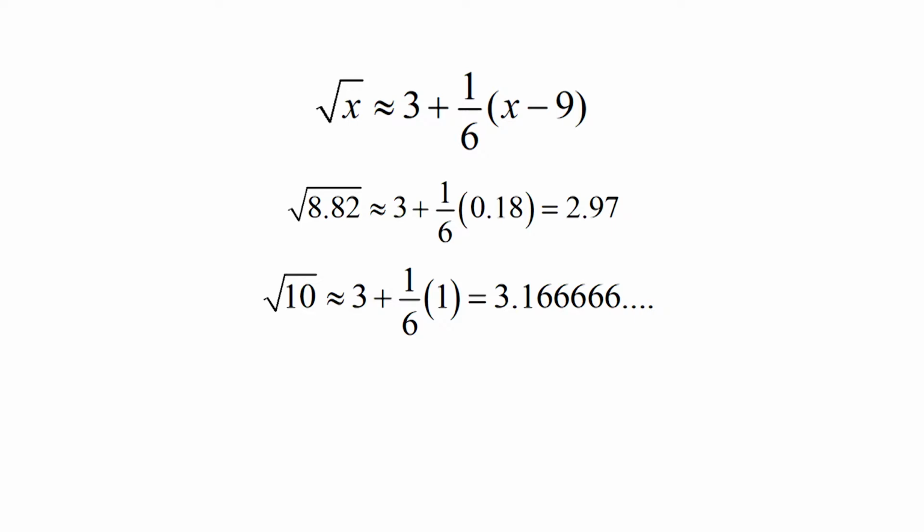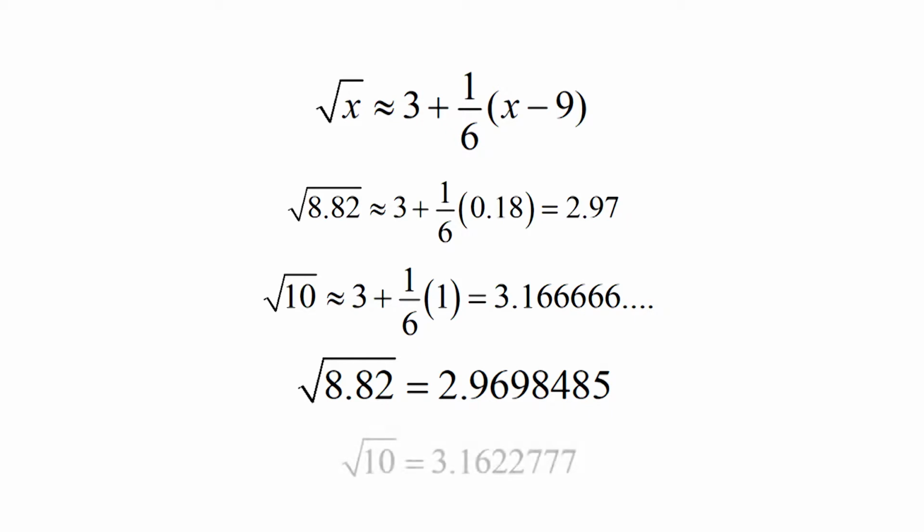Using a calculator, the values can be found to be square root of 8.82 equal to 2.9698485 and square root of 10 equal to 3.1622777. Finding the absolute value of the errors is left as an exercise.